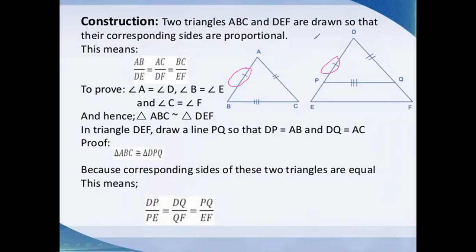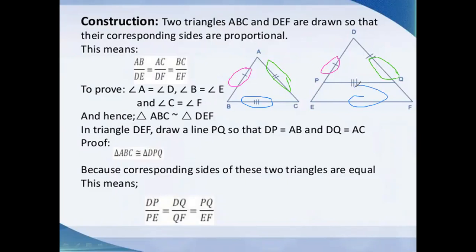If they are proportional, then we go to the next. This side is proportional to this side also. So if they are proportional, therefore they are congruent. And of course, the third side will also be proportional to the side of the triangle.